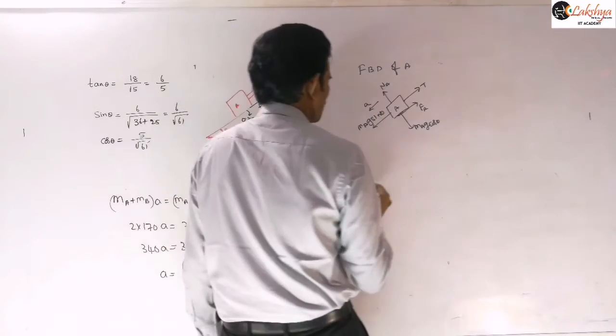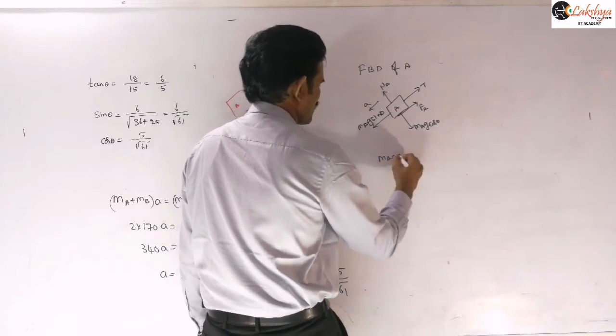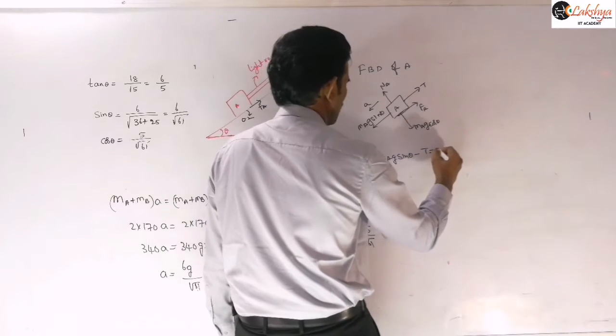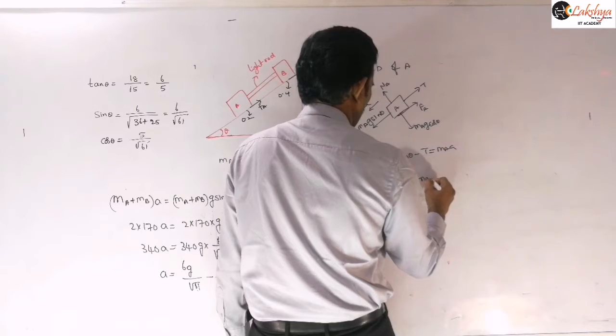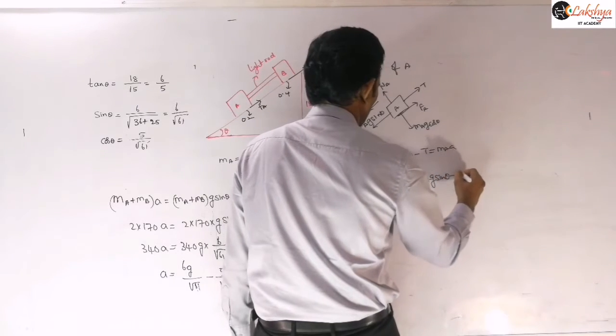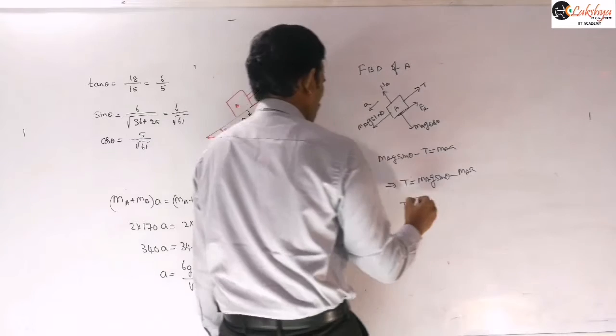So then you can write this again force equation for this. So this is MA G sin theta minus T is equal to MA into A. Therefore this T is equal to MA G sin theta minus MA into A. You can substitute that A value and you can simplify that.